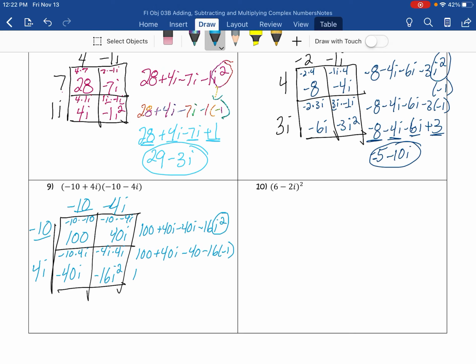You guys can take shortcuts, I'm just doing all of this work in the notes. Plus 40i minus 40i, and I dropped my i here, plus 16. I combine my like terms. 100 plus 16 is 116. Positive 40 plus negative 40, well, that's going to be 0. So my final answer is just simply 116.